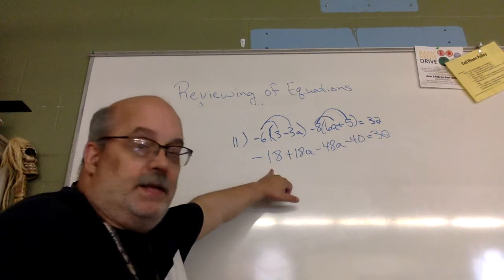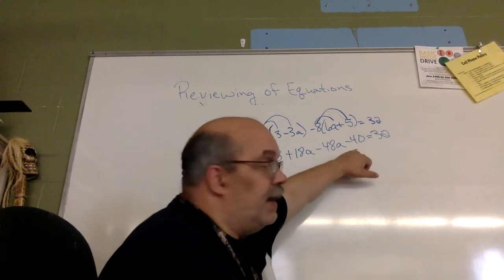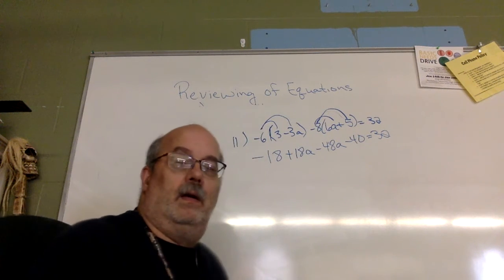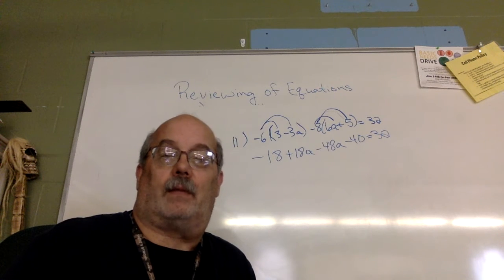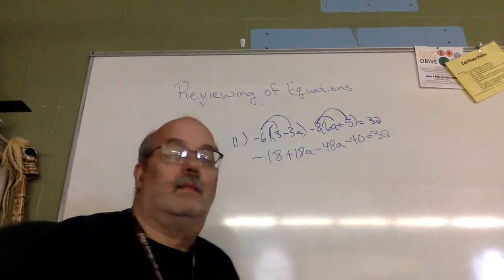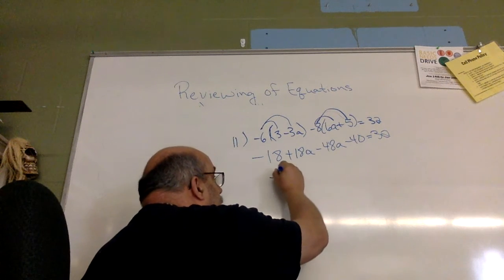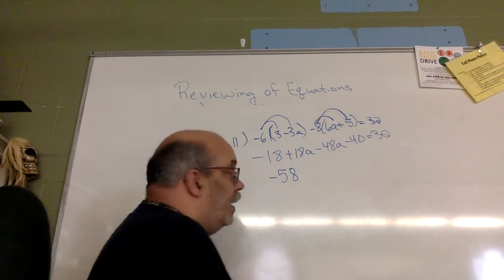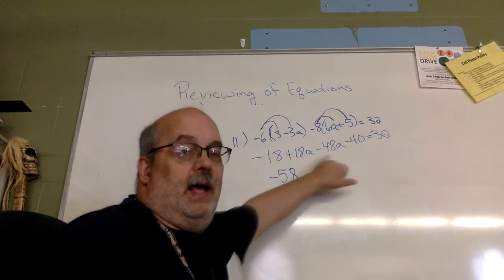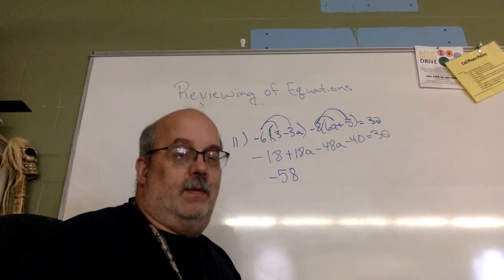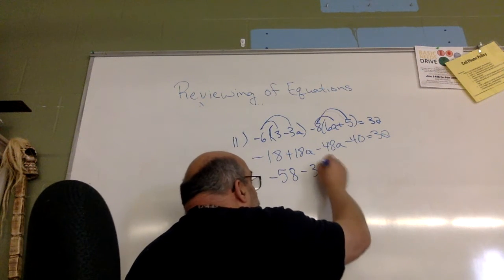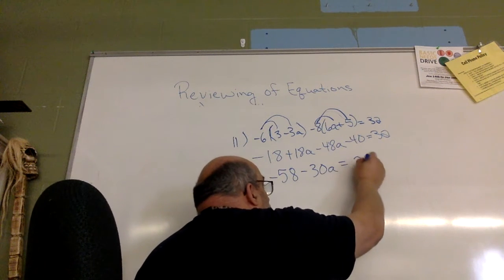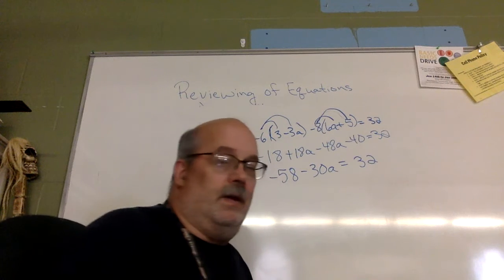We have a negative 18 and we have a negative 40, which makes negative 58. We also have an 18a and a negative 48a, which gives us negative 30a. And that equals 32.